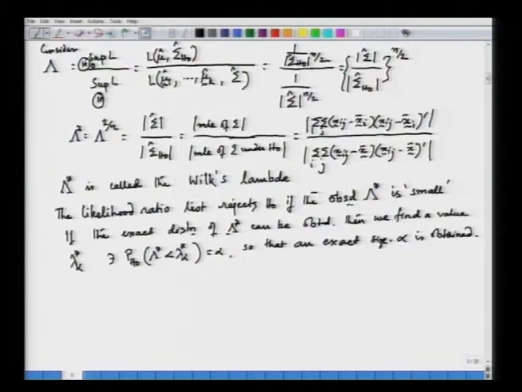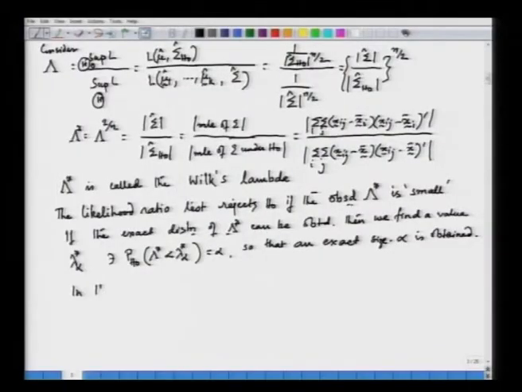But unfortunately, in most situations it is very difficult to find the exact distribution of lambda star. Coupled with that is the fact that in the likelihood ratio test principle, we can use a very strong result: for large n, under the null hypothesis, a function of this lambda star converges in law, or in distribution, to the simple central chi-square distribution.